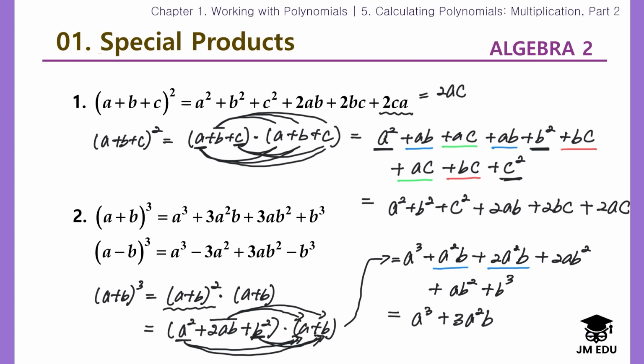Okay, let's look at the ab squared term. We have 2ab squared and 1ab squared. So 2 plus 1, that's 3ab squared. And now we have b cubed. So (a + b) cubed, the binomial cube, is always a cubed plus 3a squared b plus 3ab squared plus b cubed. If it's a minus, the sign alternates: plus, minus, plus, minus. Okay?